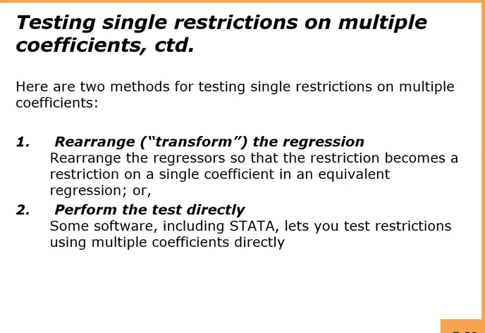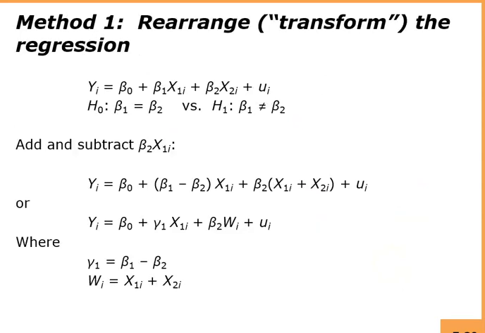You will write test, the first variable, equal sign, the second variable, and STATA will basically test whether the two coefficients are equal to each other. But we will take a closer look at the first method, which is rearranging the regression equation, in this slide.